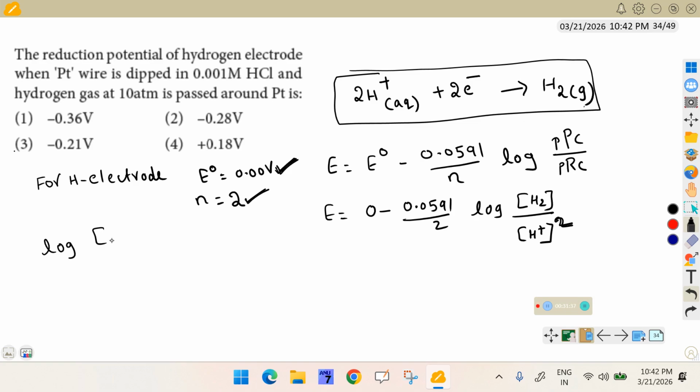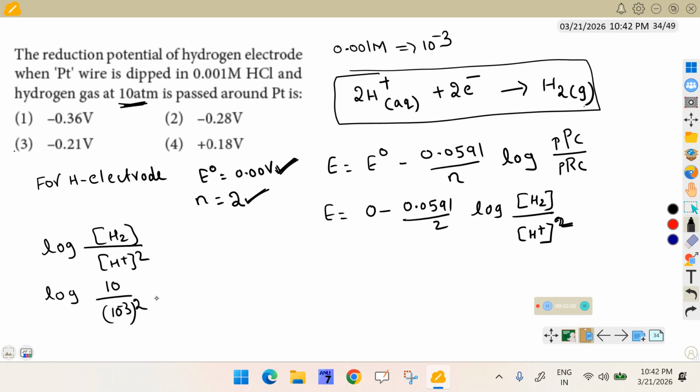Now calculate this value. Log of H2 by H plus whole square. H2 is a gas, and the gaseous pressure is given as 10 atmosphere, divided by the H plus concentration. 0.001 molar means 10 power minus 3 molar. 10 power minus 3 whole square is 10 power minus 6.